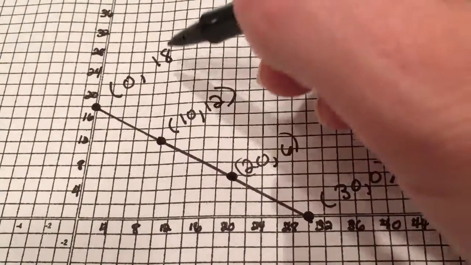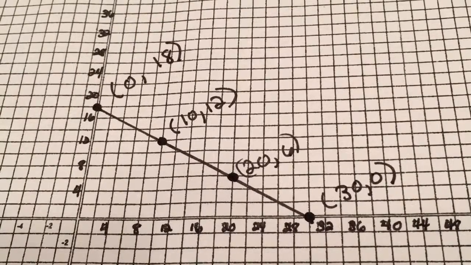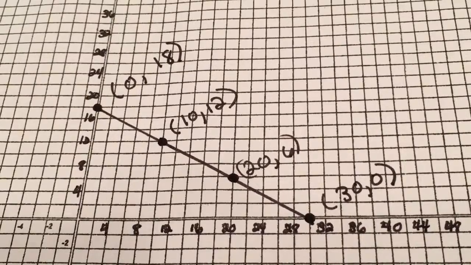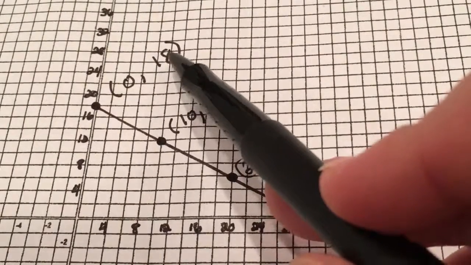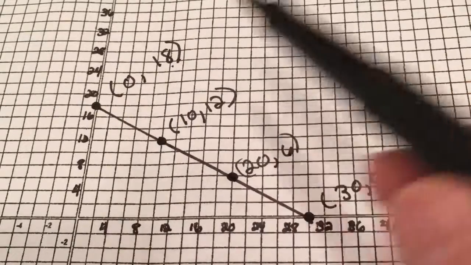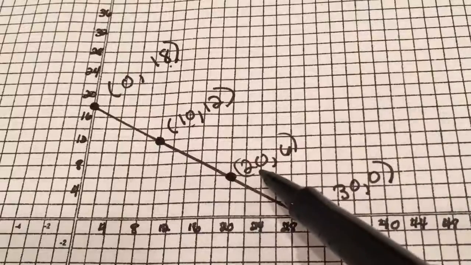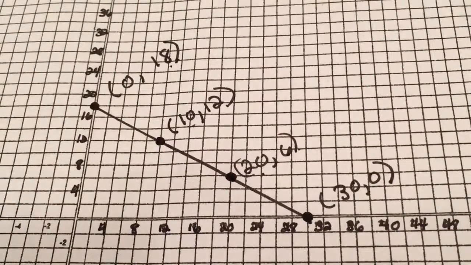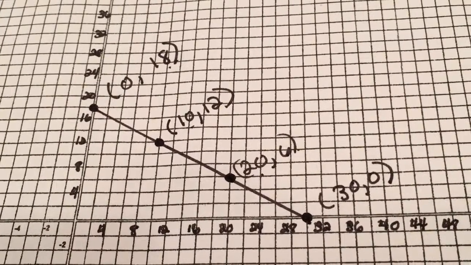These are the only possible solutions to this problem, which means the only possible ways we can fit 180 people at those types of tables is either we could have 18 large tables, we could have 10 small and 12 large, we could have 20 small and 6 large, or we could have 30 small. So those are the only possible solutions to this problem.